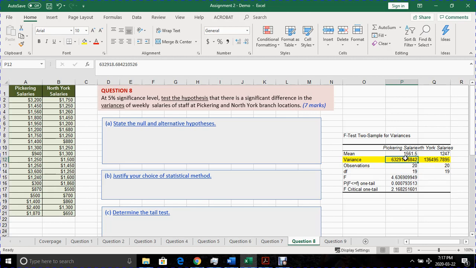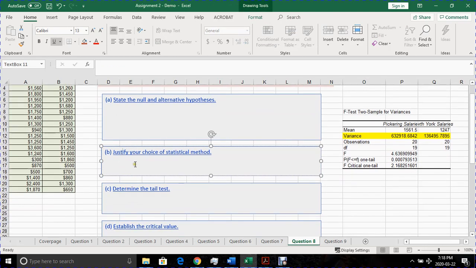Are they equal or not? So the null hypothesis will stipulate that the 2 variances are equal, and the alternative will say there is a significant difference in the variances of the 2 salaries between Pickering and North York, something to that effect. Now, you justify the choice of statistical method.